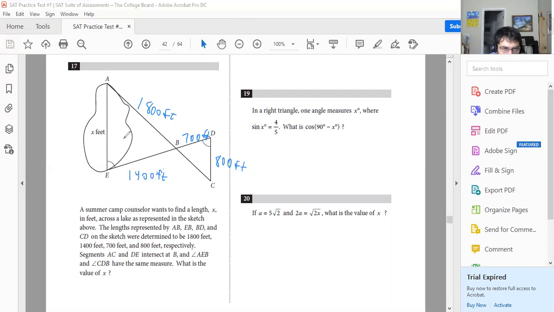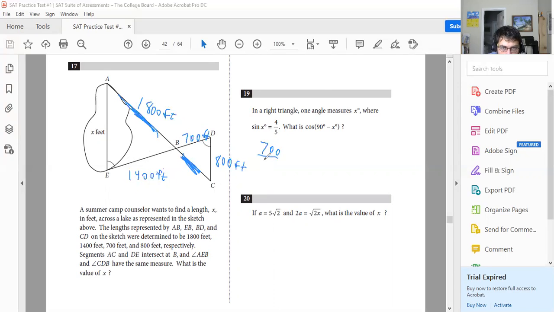So that means if we're setting up proportional triangles, this side equals this side, because those are the opposite angles corresponding. But we don't have this side. But that also means that 1,400 should match up with 700, and 800 should match up with x. So we're going to use those two.